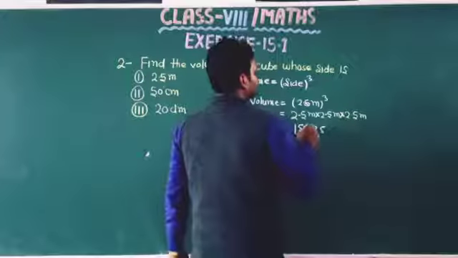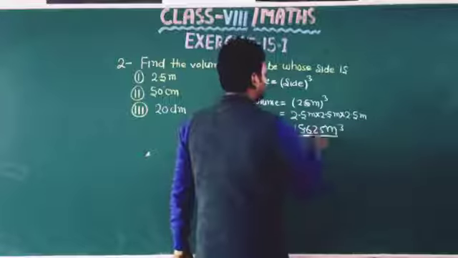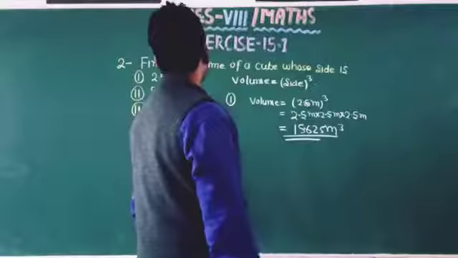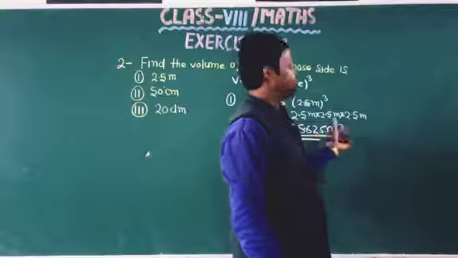Okay, meter cube. The volume of the cube whose side is 2.5 meter is 15.625 meter cube.